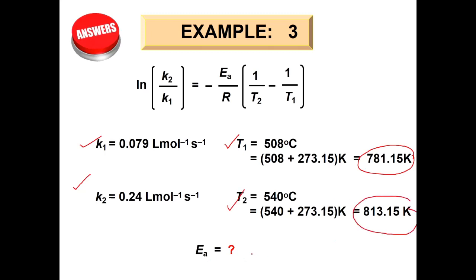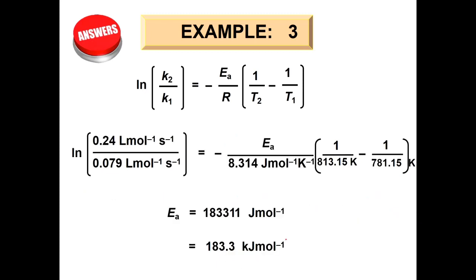Then only you can find out the Ea. You substitute all the values in this equation, then you can find out your Ea in joule mole^-1. Ea in kilojoule is 183.3 kilojoule mole^-1.